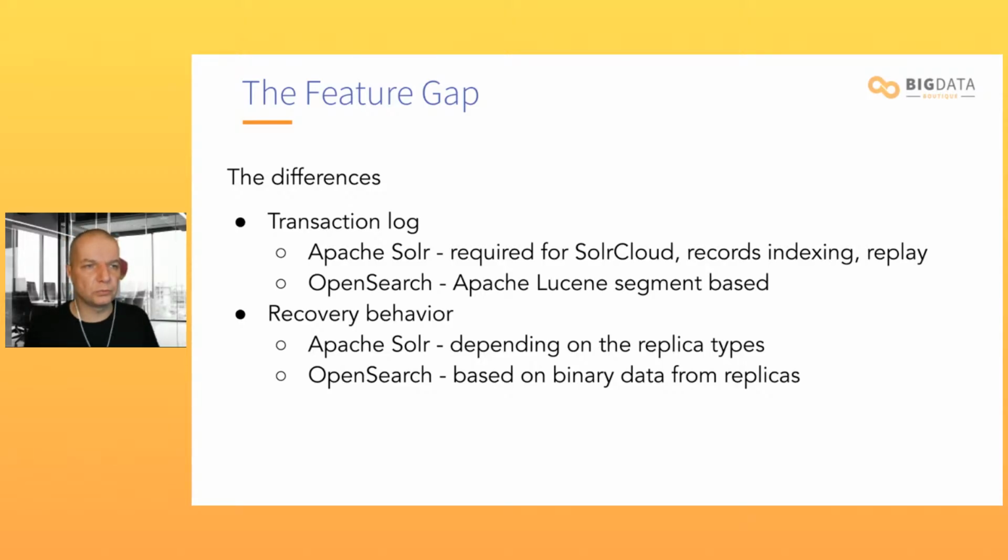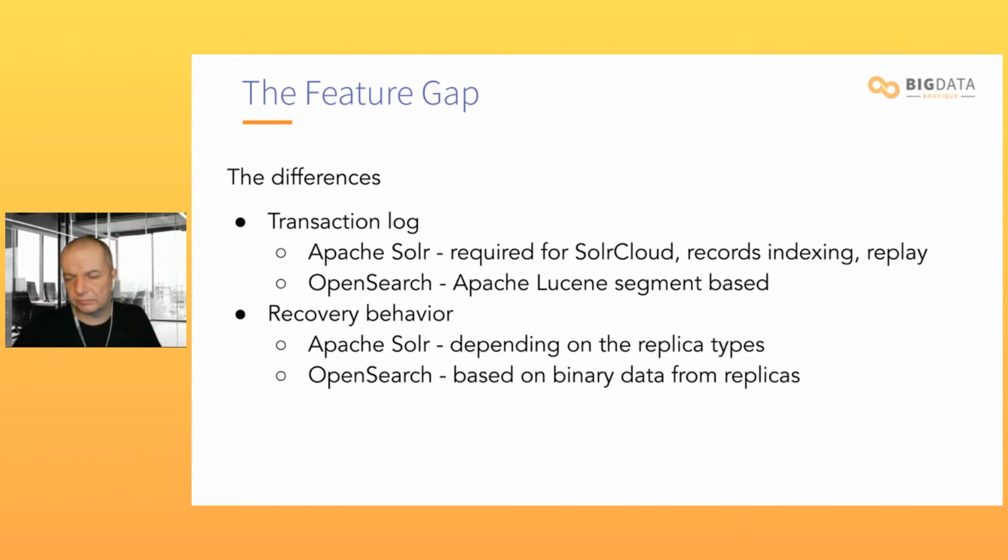We have Lucene segment based replication in OpenSearch. And recovery behavior on those two depends also on the replica types, especially in Solr. Depending on which type the replica is, the recovery is designed accordingly. For NRT, it will try first to take the transaction log, then the physical copy of the segments from the given shard.